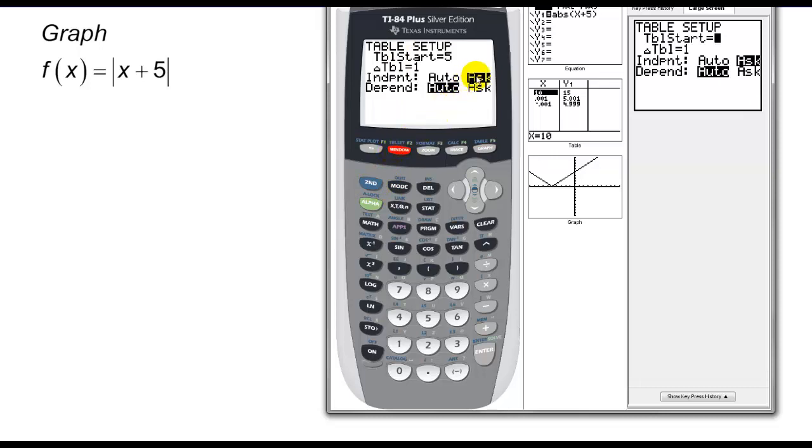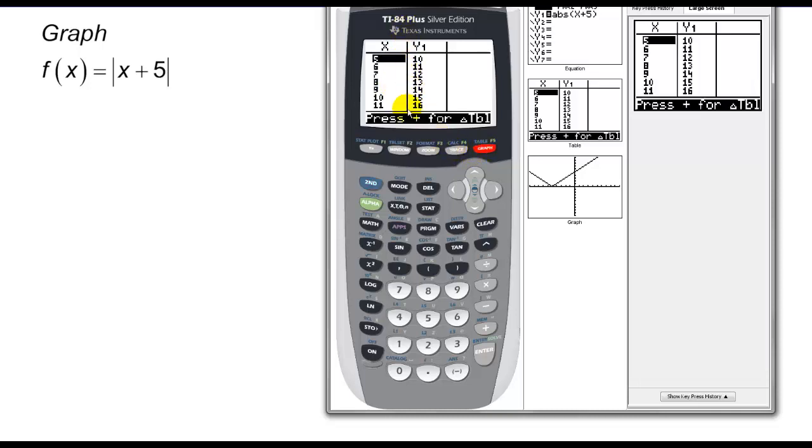I'm going to change this to automatic, so I'm going to move down and move that blinking cursor over by hitting enter. Now I'm going to look at my table again, and now you'll see I have things automatically filled in. Since it moved back to 5, I'm going to move this table back to negative 5.